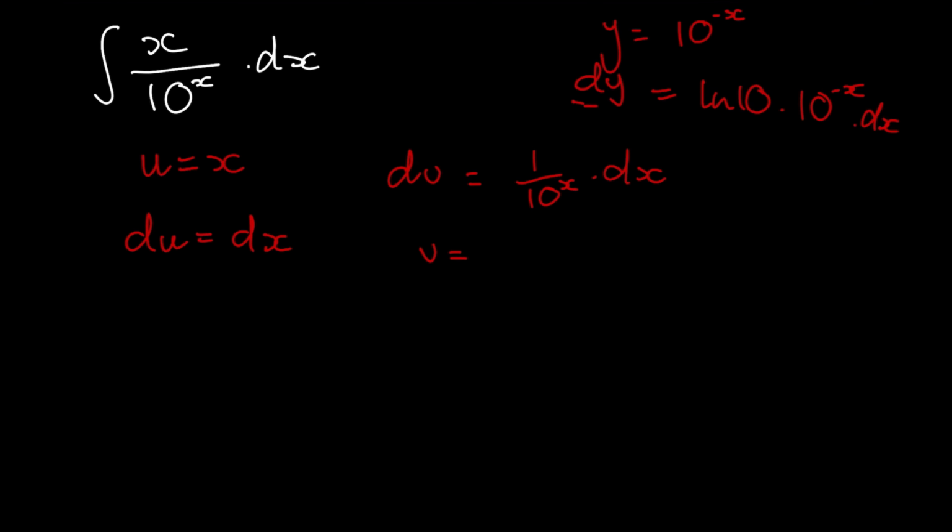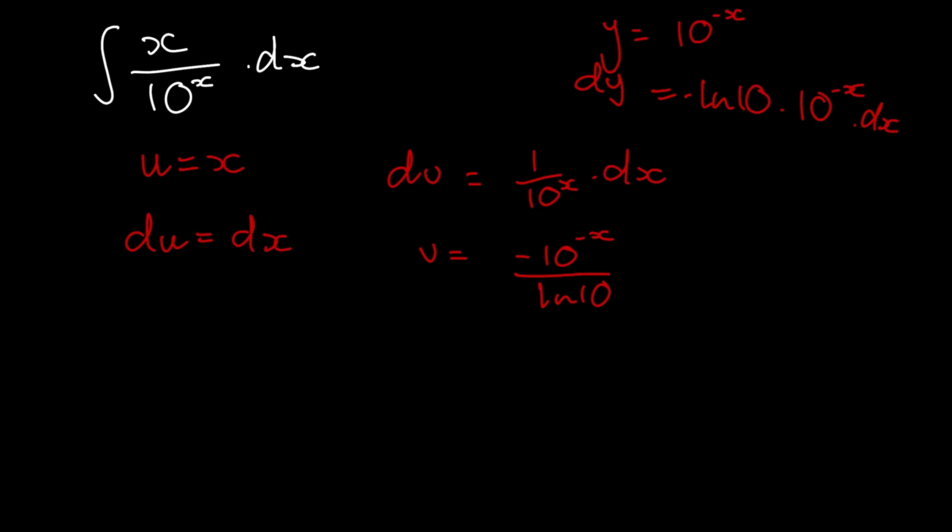So we want to have only this part of the integral. So we don't want this ln of 10 here. So that means our answer is going to be negative 10 to the negative x, sorry, this is a negative here, over ln of 10. And I've divided by ln of 10 because I don't want it, you see.